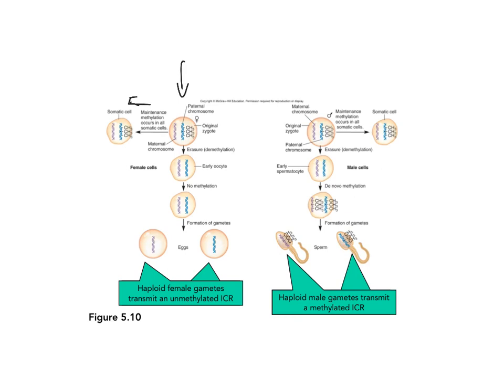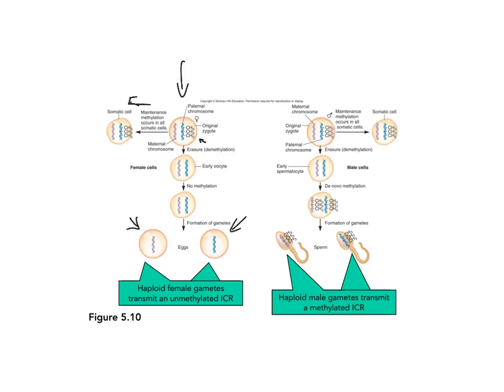Now, in female cells, if we have our maternal chromosome, this methylation pattern that's seen in the somatic cells is going to get erased. And you can essentially set up your eggs with a non-methylation pattern.